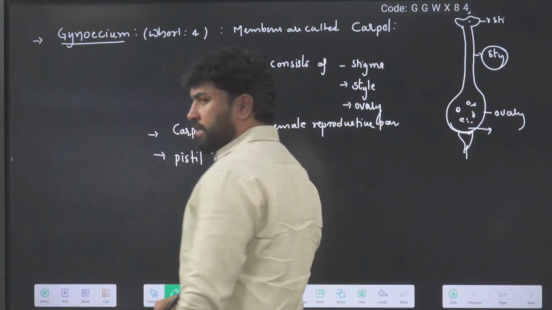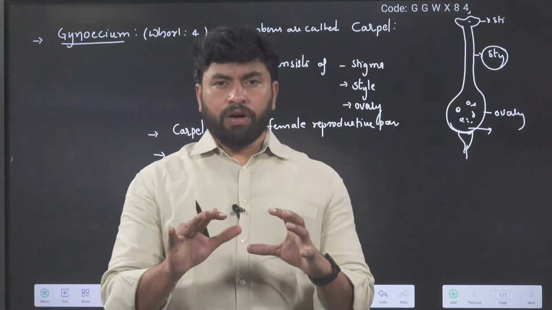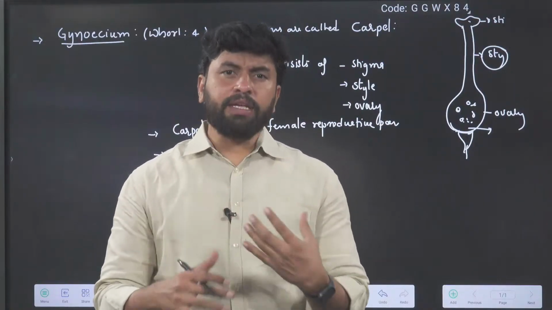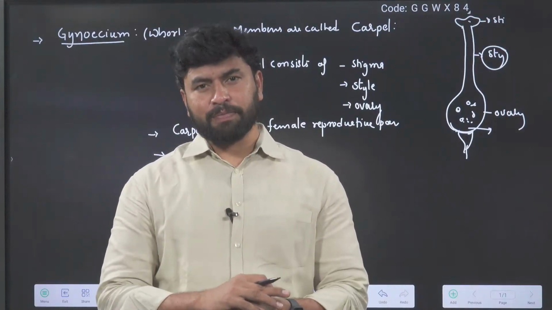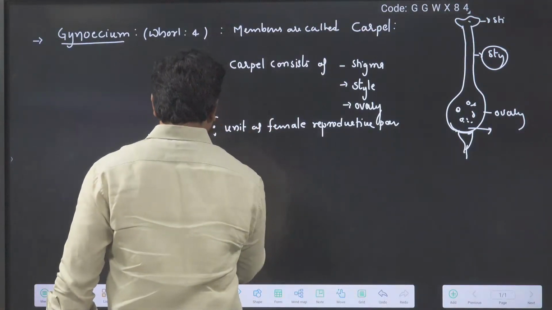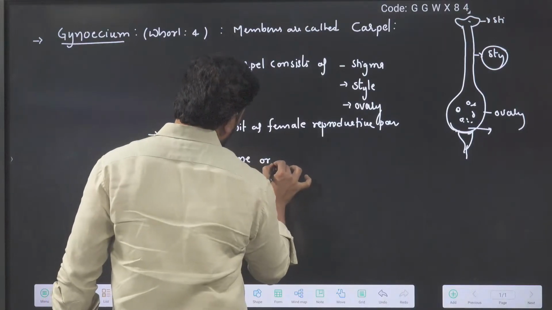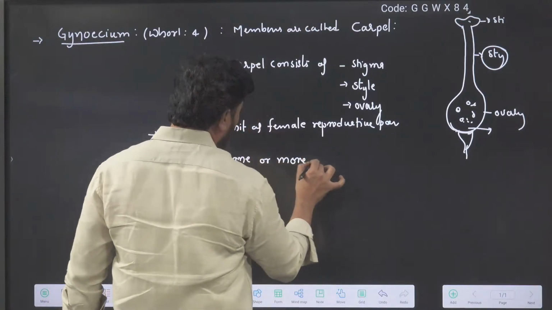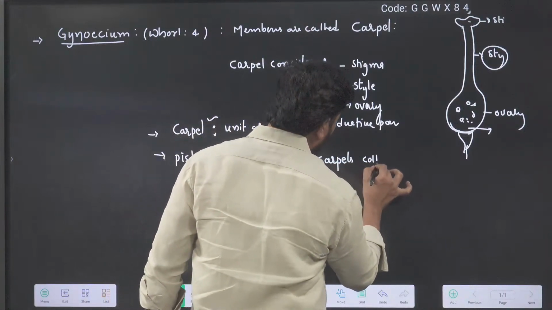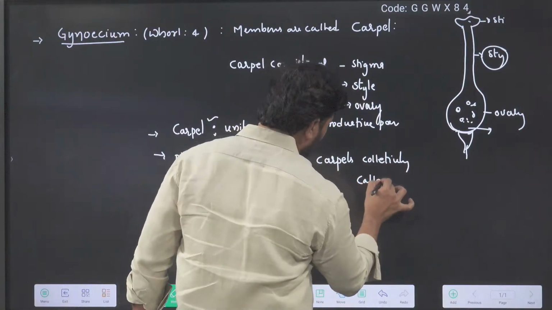Then what about pistil? Pistil is nothing but all the carpels together, or Gynoecium; sometimes they even call it pistil. One or more carpels collectively are called pistil.